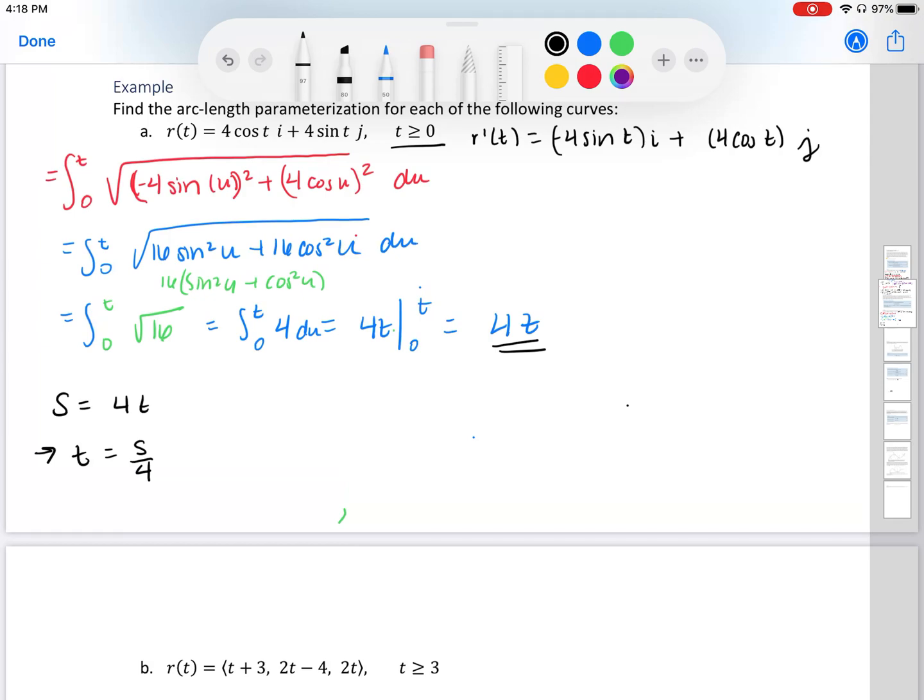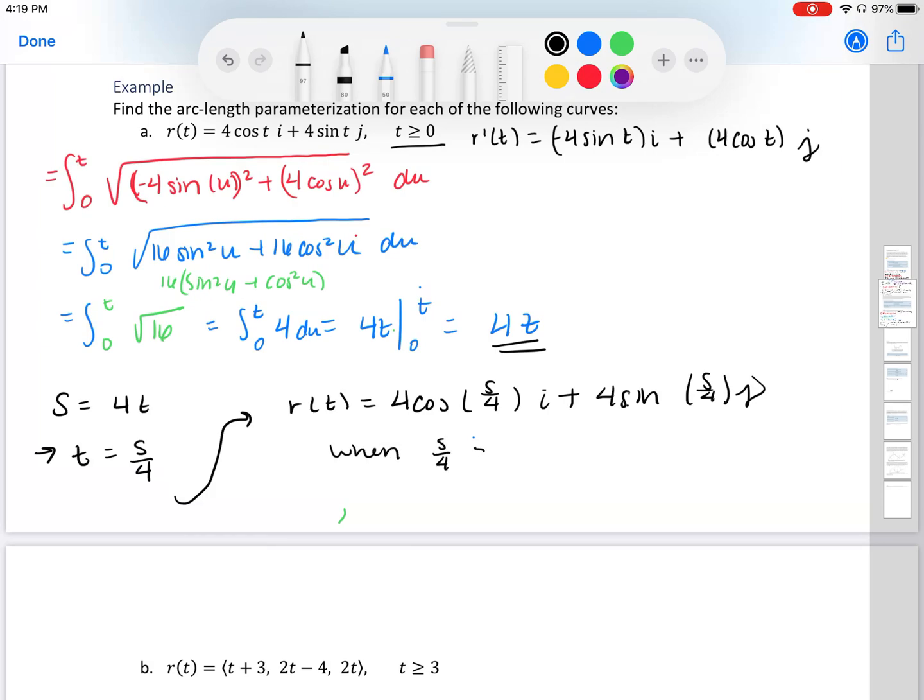Now we can apply that to our function r of t, so that we have r of s equal to 4 cosine of s over 4 i plus 4 sine of s over 4 j. And we have to change our argument: s over 4 is greater than 0, and s is greater than 0.